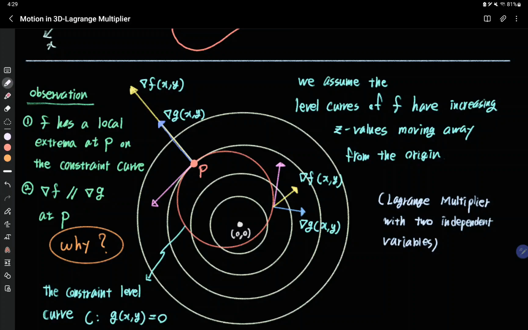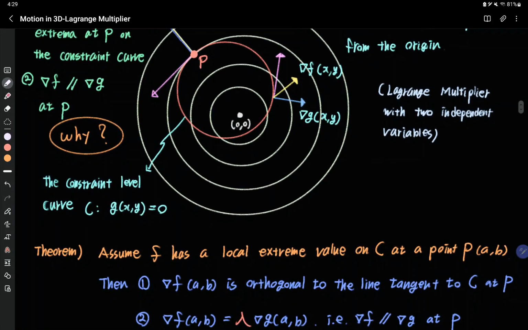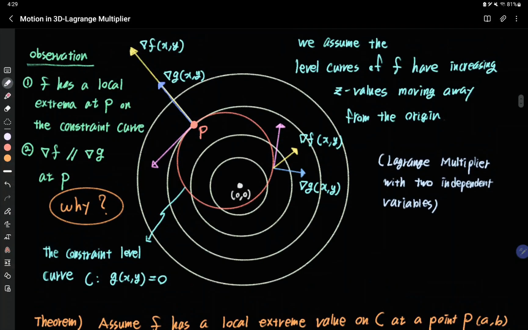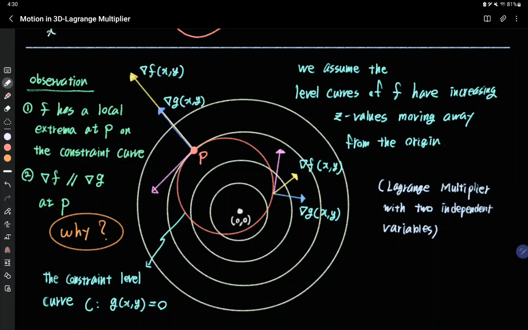Okay, so that's, by the way, why does the magnitude of gradient f have the maximum value at point P?